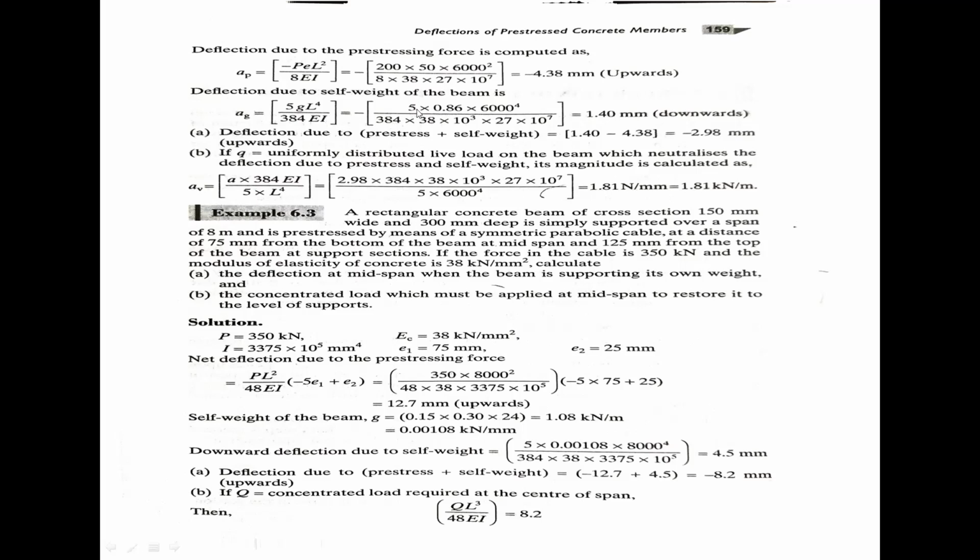I have to take 5 into 0.86 into 6000 to the power 4, divided by 384 into 38 into 10 cube into 27 into 10 to the power 7, finally 1.40 mm.